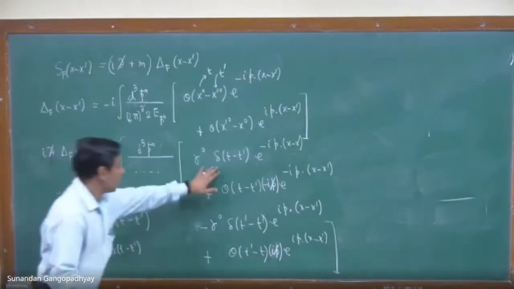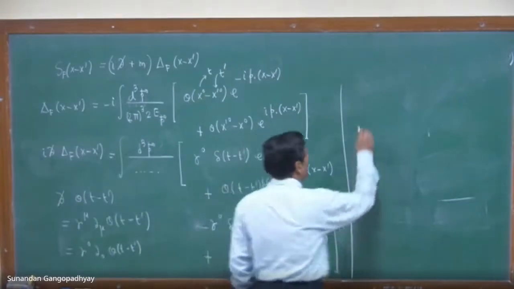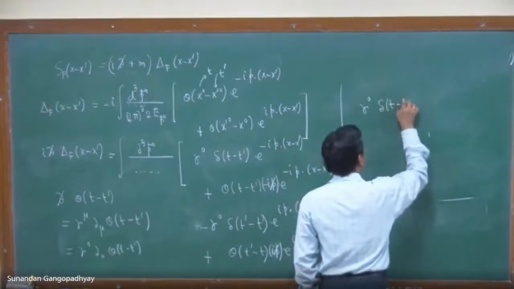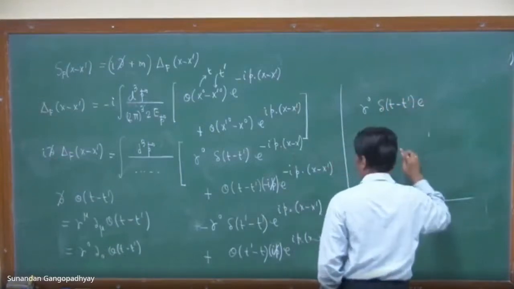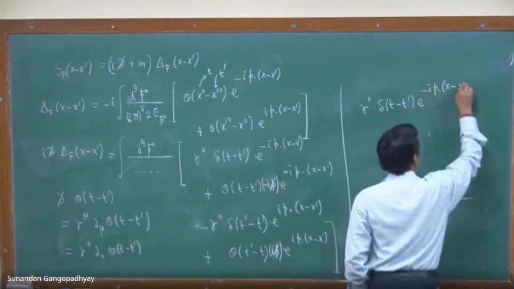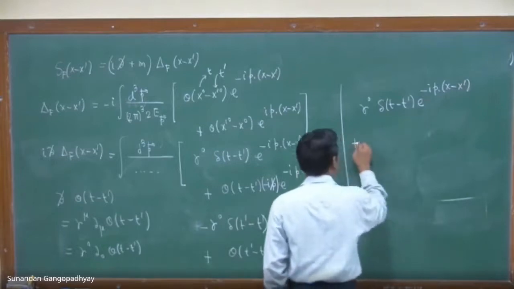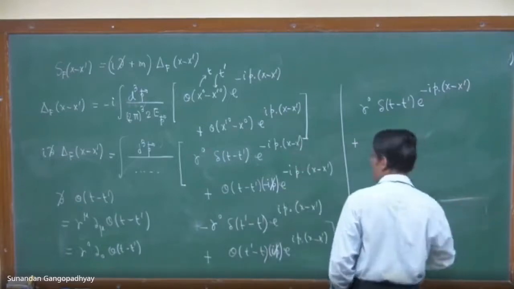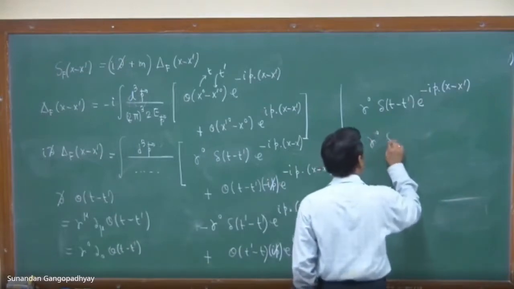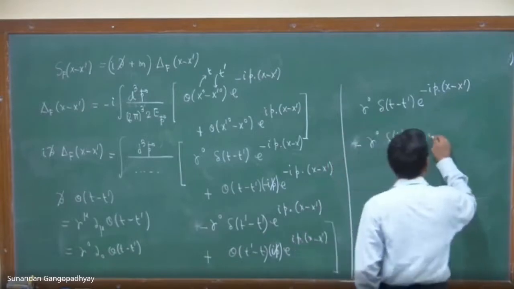Now let us look at the first and third terms. So what we have is gamma 0 delta of t minus t prime to the power of this, plus the minus gamma 0 delta of t prime minus t to the power of.